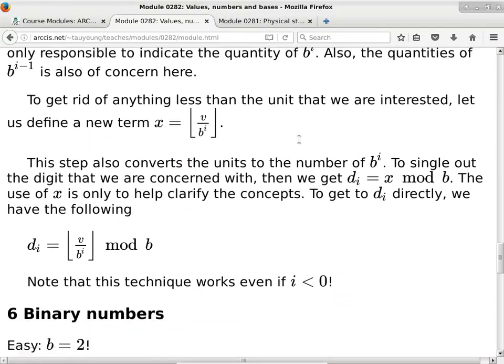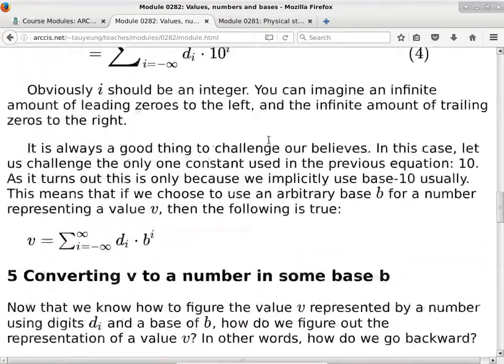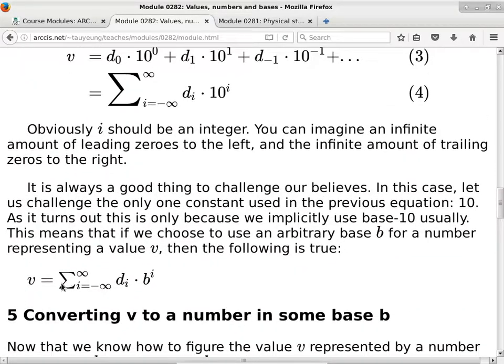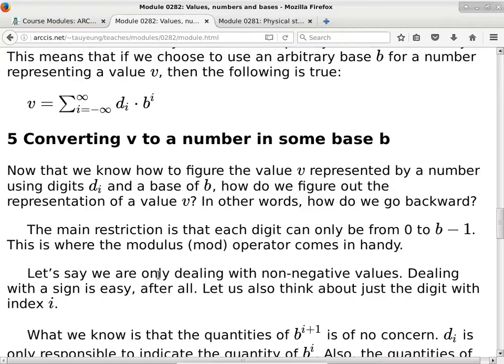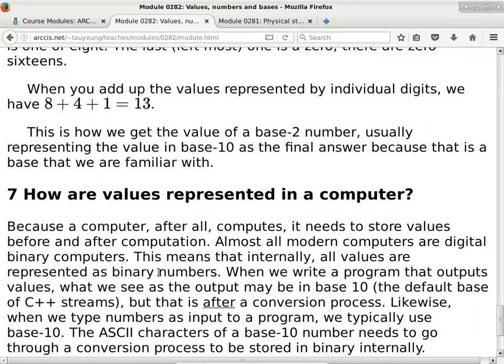So I'm going to skip all the way to binary numbers. Binary numbers means that the base is 2, so b equals 2 in the equation we had earlier. The conversion process is a whole lot easier because it only involves comparison.